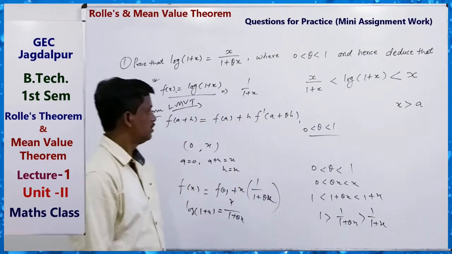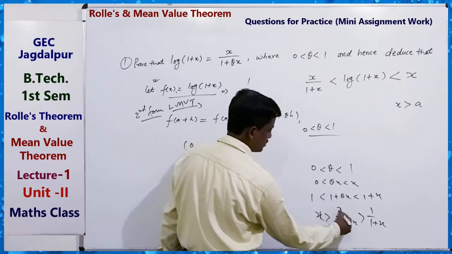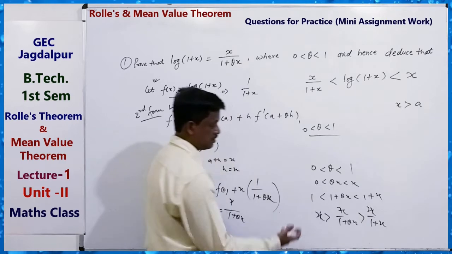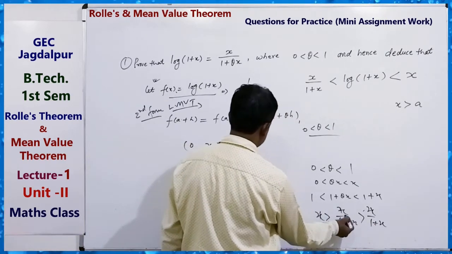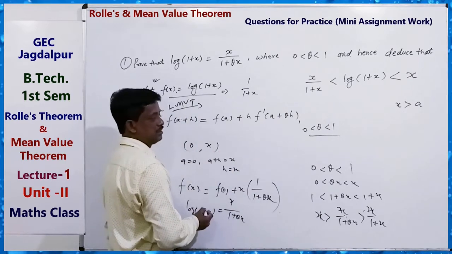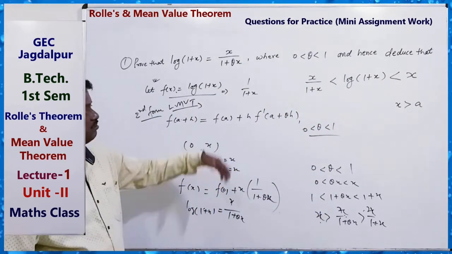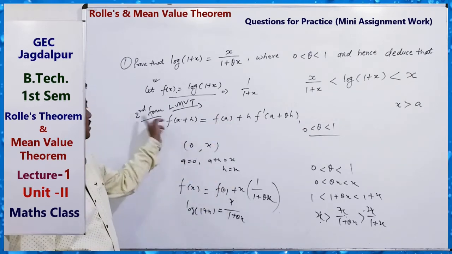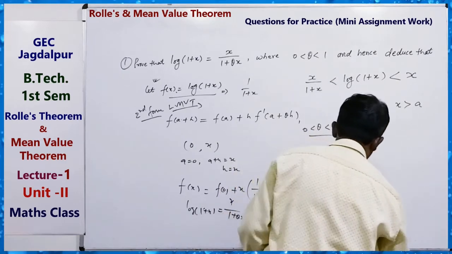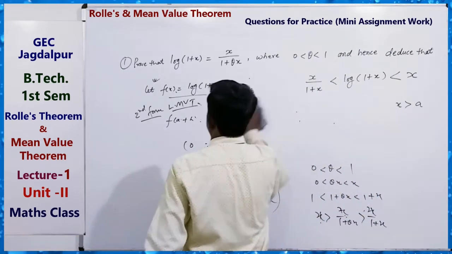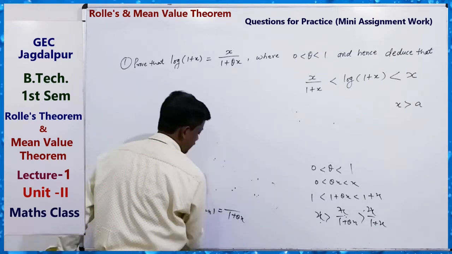Multiply by x, so x upon 1 plus x is less than log(1 plus x), which is less than x. Proved, just as in previous questions, by using the second form of the Lagrange mean value theorem. Okay, so this is the first question you have to do.